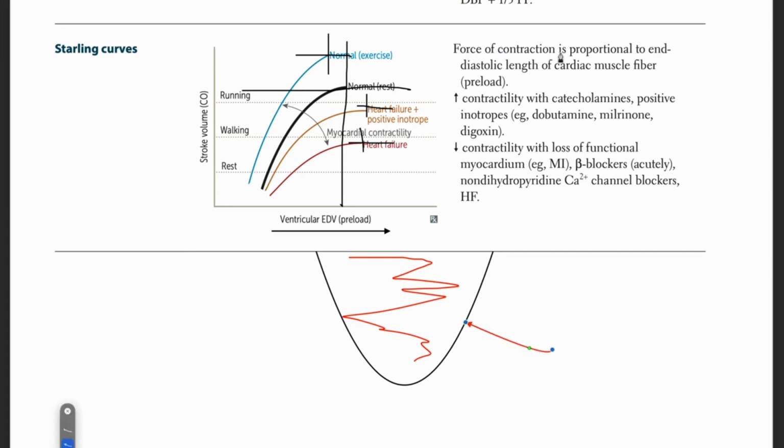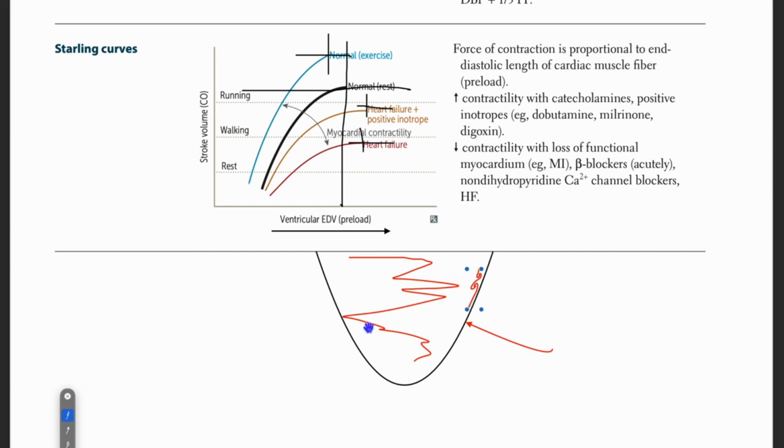The force of contraction is proportional to the end diastolic length of cardiac muscle fibers. So if this increases, those muscle fibers will stretch more. When they go into contraction, that's how much work is increased, and they'll contract more, right?